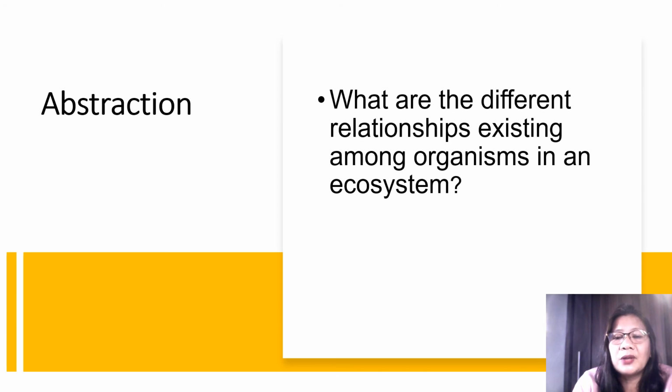Okay, for our generalization, the abstraction, what are the different relationships existing among organisms in an ecosystem? So please write your answer in your activity sheet. So meron naman kayong notebook diyan. Please write or comment in our chat box or in our group chat sa Messenger.